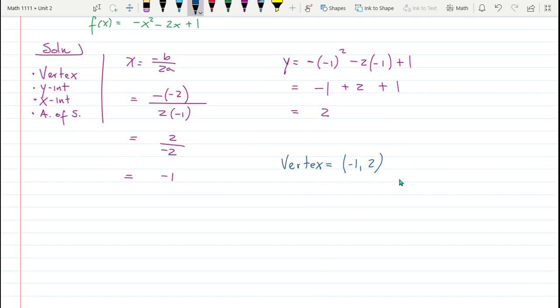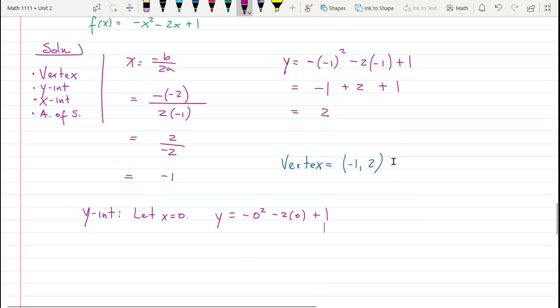Next, let's find the y-intercept. We find that by letting x be equal to 0. If we do that, y is going to be the following after we plug in 0.